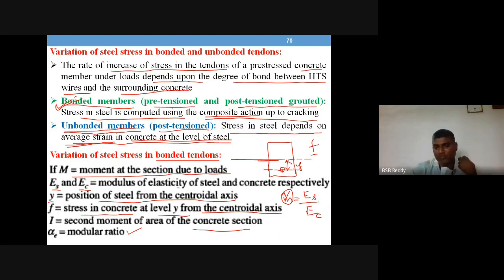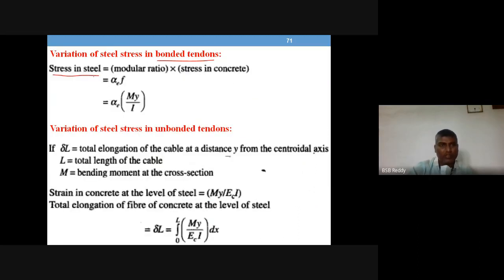This concept is already there for you in strength of materials, right? So using that composite action, the stress in steel is calculated just by multiplying the modular ratio with the stress in concrete at the level of steel.